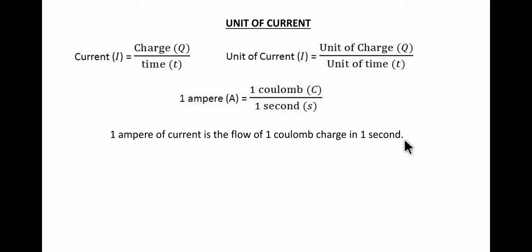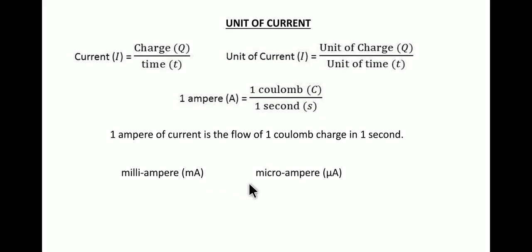Similarly, if you have a very weak current flowing through the circuit, then the unit of 1 ampere may be too big for the current which is flowing. So smaller units of current are also used. One of them is milliampere, written as small m and capital A for ampere.